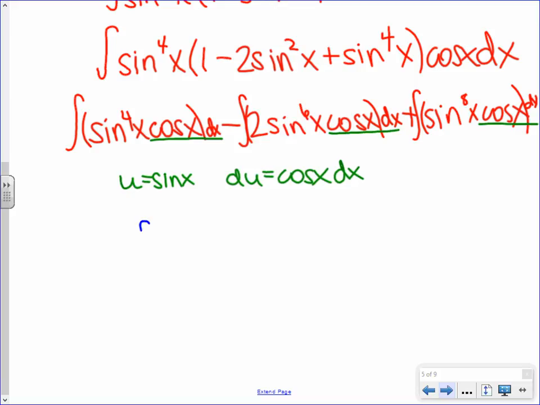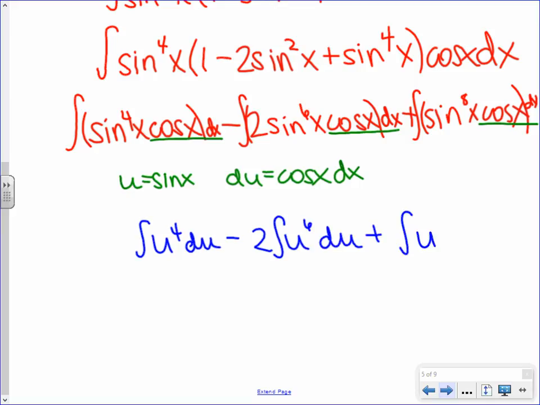So what we have is the integral of u to the fourth du minus 2 integral of u to the sixth du plus the integral of u to the eighth du. Isn't that nice to go to something so complicated and now we have just a simple power rule?